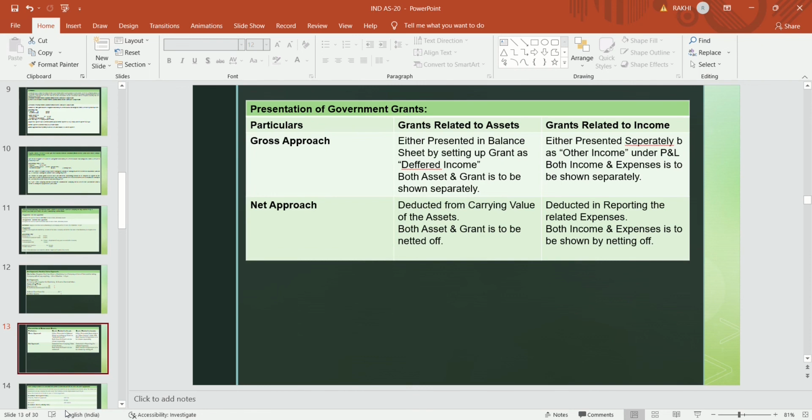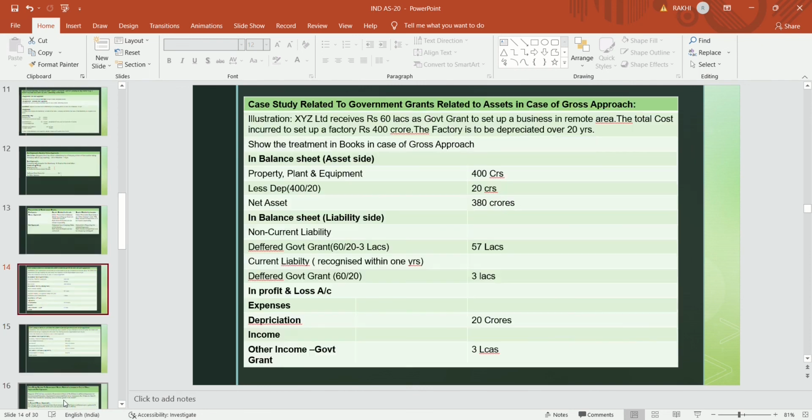So the disclosure part is to be understood by example. This is the disclosure part. This is the case study which is going to be done: a case study related to a government grant related to an asset. Asset means the capital approach. In case of the gross approach, XYZ Limited received rupees 60 lakhs as a government grant to set up a factory in a remote area.